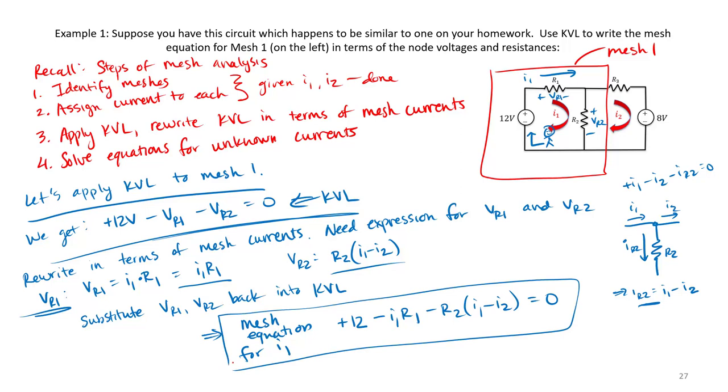So we get that whole thing. That is an example of a mesh equation. You can see that if we were to repeat this analysis for that second current, I2, we would end up with two equations and two unknowns, and we could solve for I1 and I2.